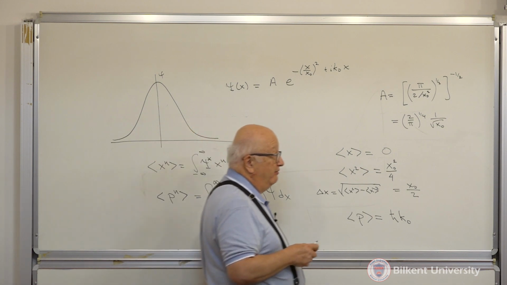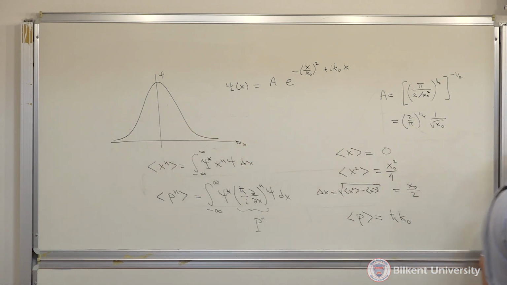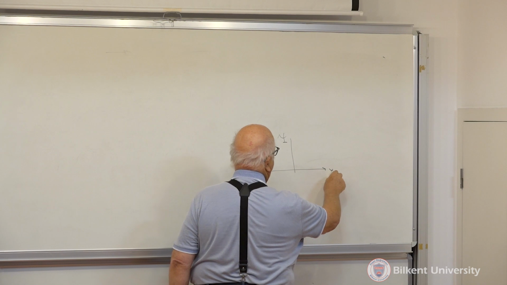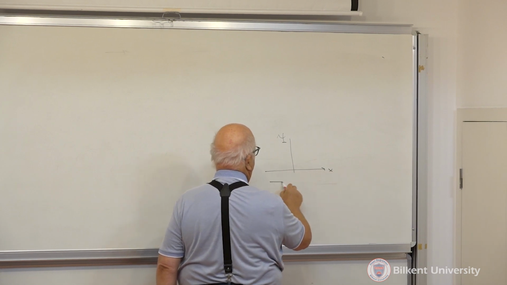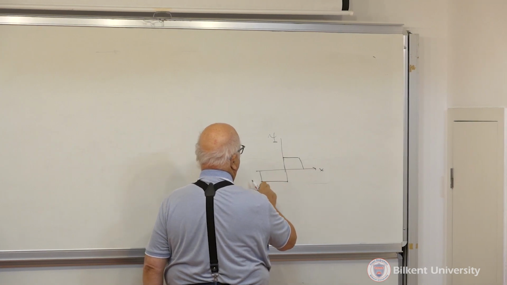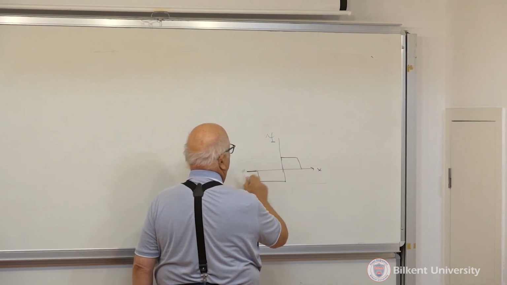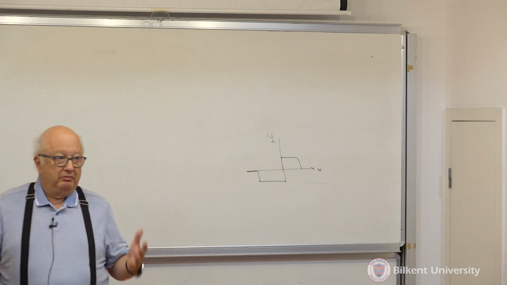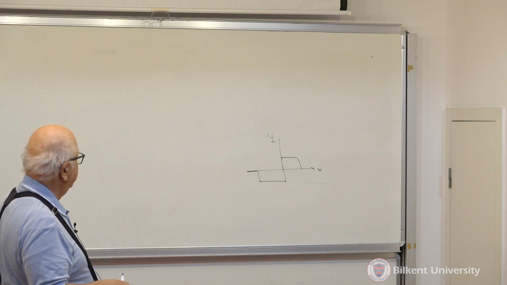Okay, so whenever you have a wave function which perhaps looks something like this, psi as a function of x, this was also one of your homework problems. If you have a psi which looks like this, for example, this is not a very physical psi, but any psi should be acceptable.